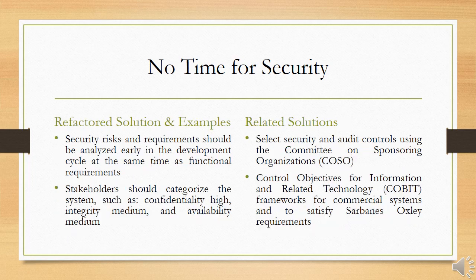In the next field, we have the refactored solution and examples. Security risks and requirements should be analyzed early in the development cycle at the same time as functional requirements. This is not as difficult or expensive as it sounds. Business stakeholders should categorize the system, such as confidentiality high, integrity medium, and availability medium.